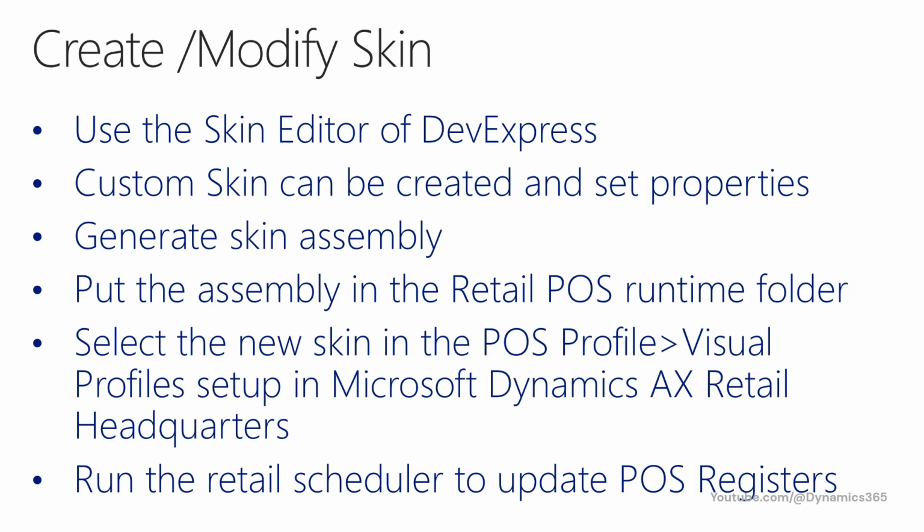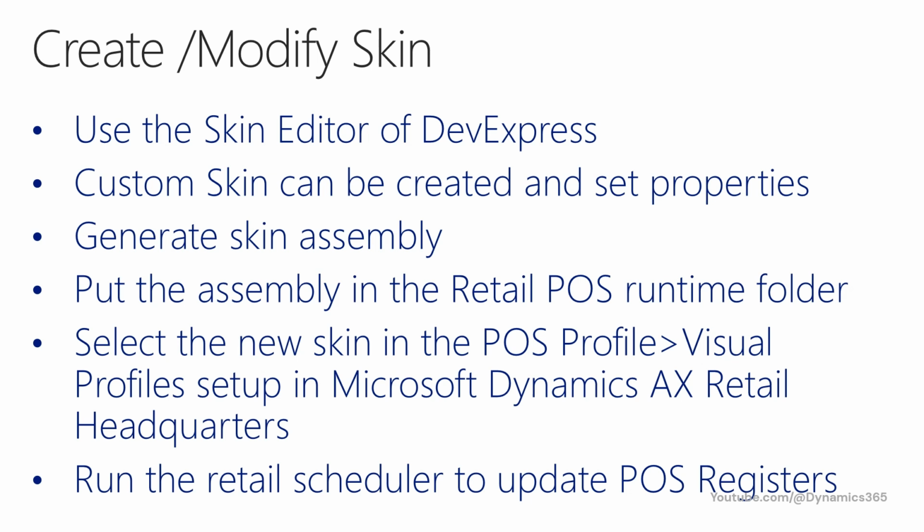To create a new retail POS skin or modify an existing retail POS skin, you can use the skin editor tool which comes with DevExpress. A custom skin can be created and properties like color and text can be set for the custom skin. Once you have modified the skin properties, you can generate a skin assembly and put the skin assembly in the retail POS runtime folder.